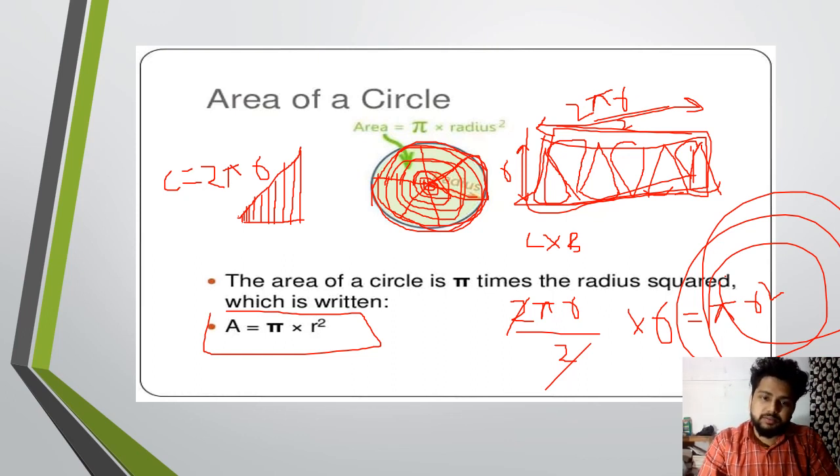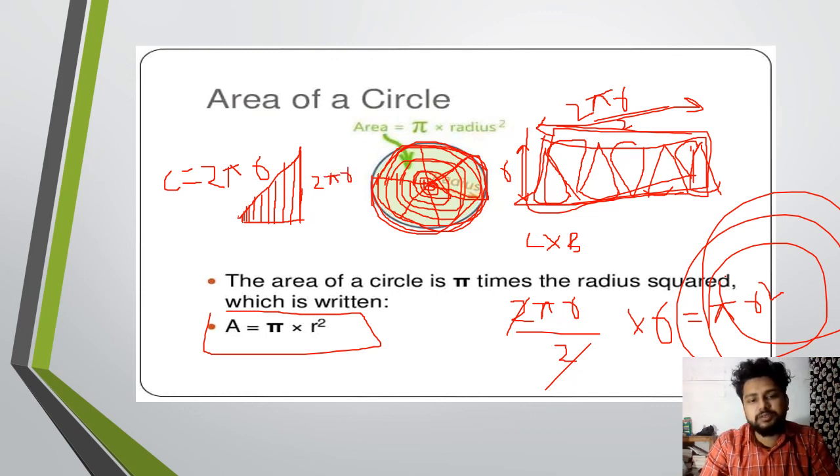And what is the length of the triangle? This bigger line is the circumference, and we know the length of the circumference is 2 pi r, so we can put it here, 2 pi r.